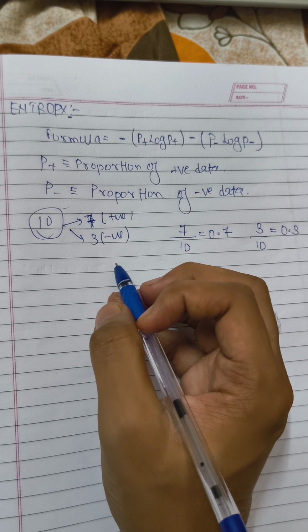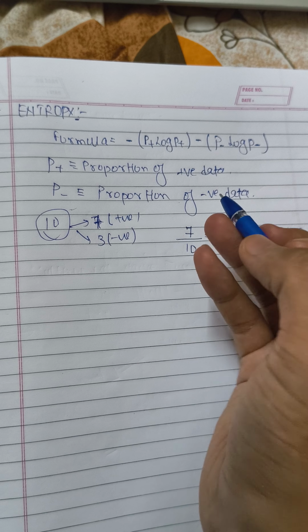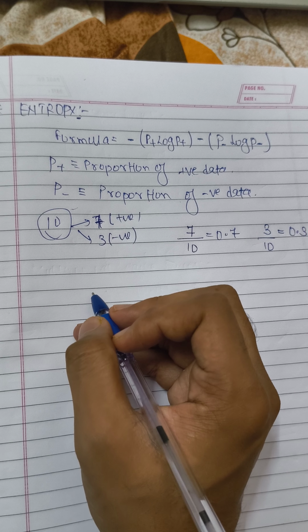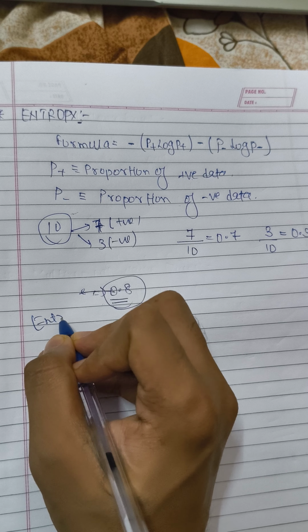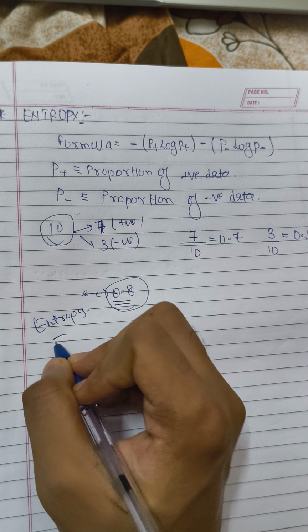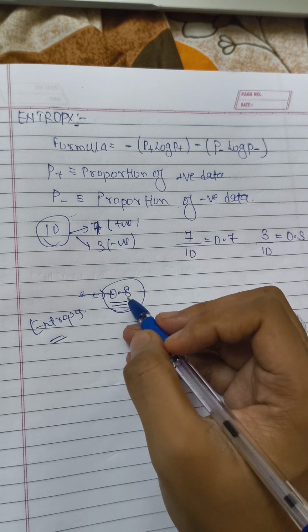Okay, so if you calculate, let us suppose that we are getting some entropy value as 0.8. Now what does this entropy value indicate? This entropy value indicates the impurity level in the node of that decision tree. What do we mean by impurity level?